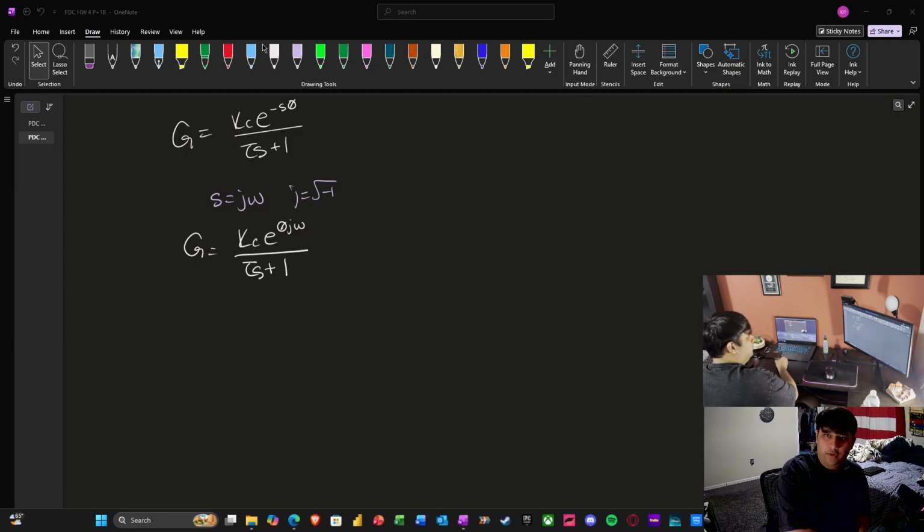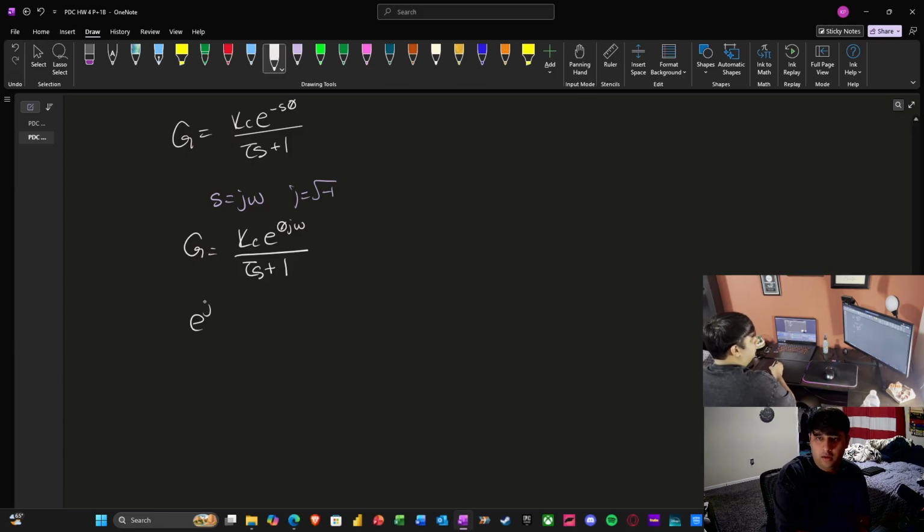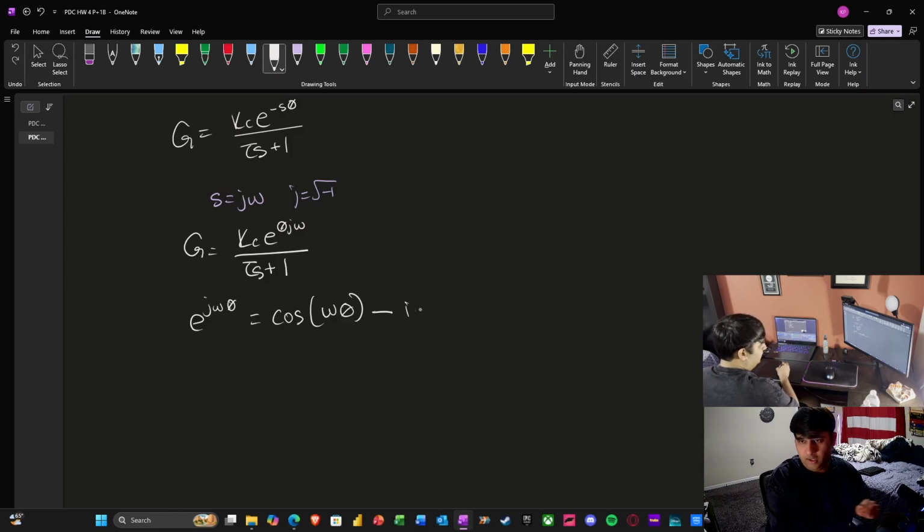Okay, so now let's go ahead and define our e value, which we get as cosine of omega theta minus i times sine of omega theta. Also, there was an s after tau, and I don't know why I thought there wasn't, but there is.